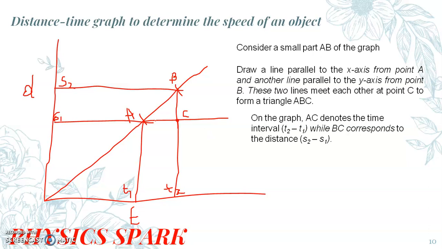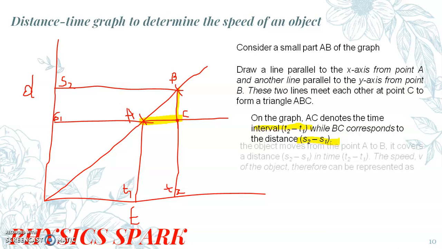Now this AC denotes the time interval T2 minus T1, while this BC denotes the corresponding distance S2 minus S1.